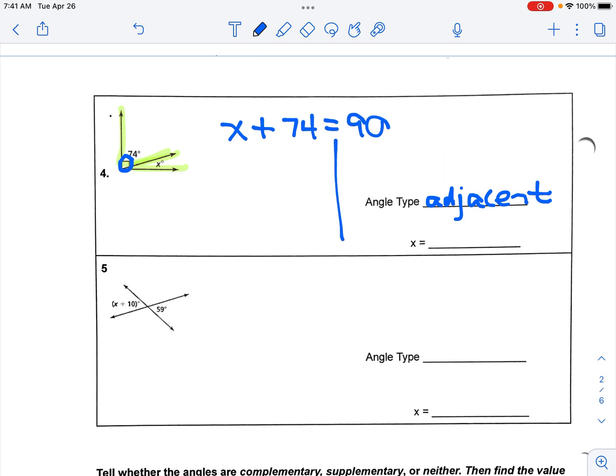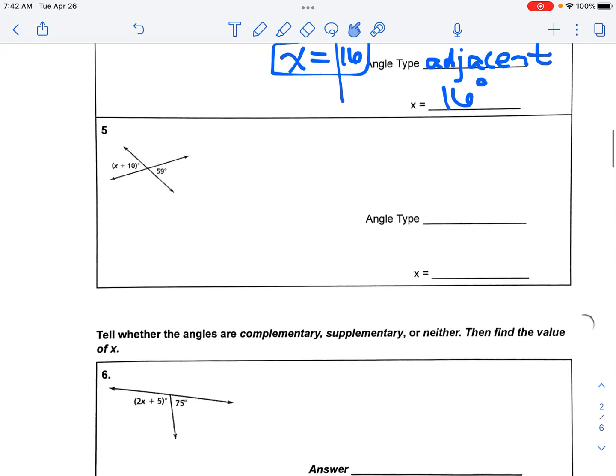One-step equation, draw your mirror, subtract 74 from the left, subtract 74 from the right. X equals 16. X equals 16 degrees. So if I'm going too fast, you can pause the video, you can back it up, move it forward.